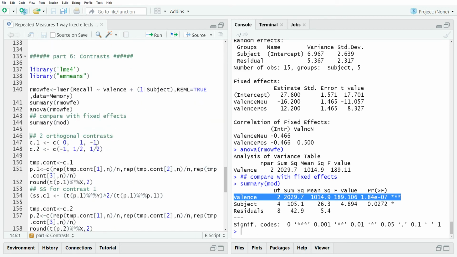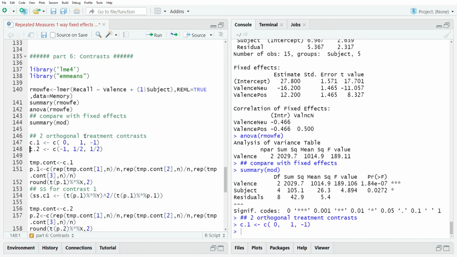Now let's create two orthogonal contrasts, and to be more specific, I should say treatment contrasts, right? Because we have three treatments: negative, neutral, and positive. So let's create these contrasts.